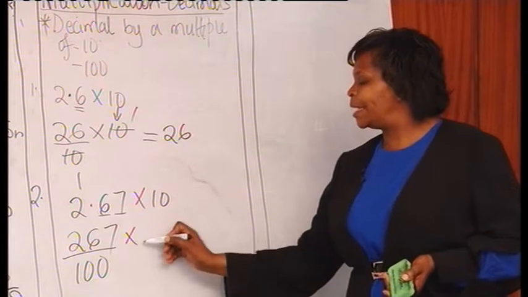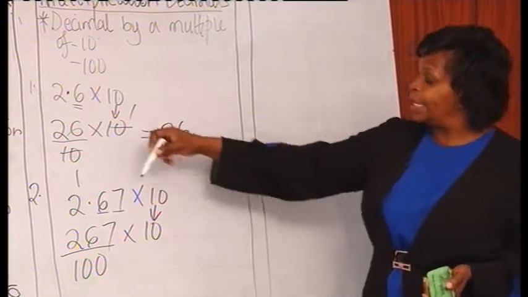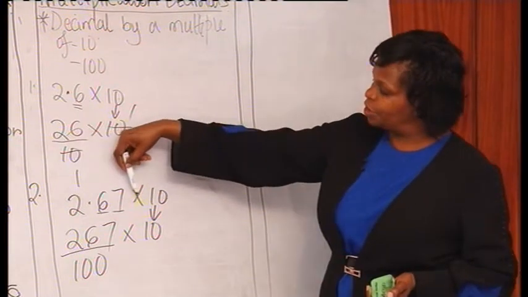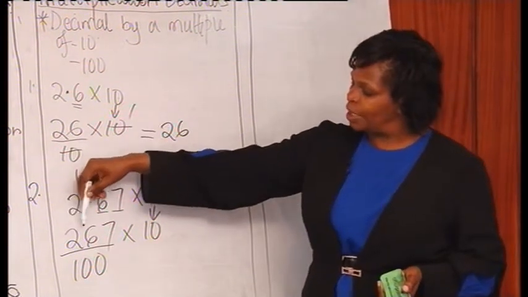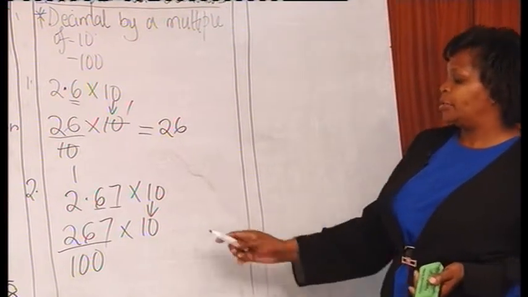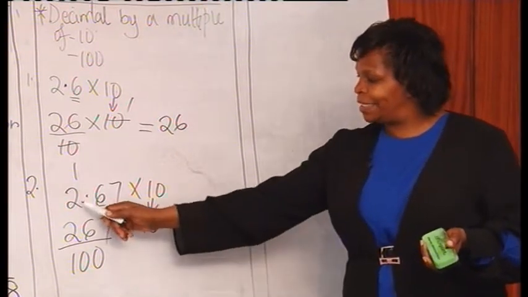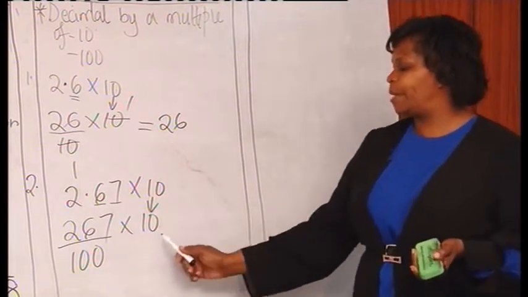Then you multiply by the 10. Remember, like I said earlier, that this number 2.67 is the same as 267 over 100 in the fraction form.